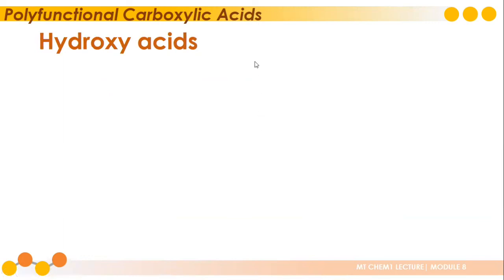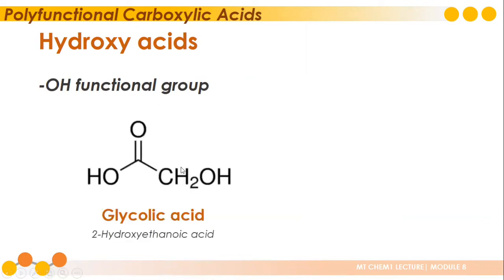Another example of a polyfunctional carboxylic acid is a hydroxy acid. From the name itself, it has an OH functional group. For this one, we have glycolic acid. I usually hear this in skincare products. The IUPAC name is 2-hydroxyethanoic acid.